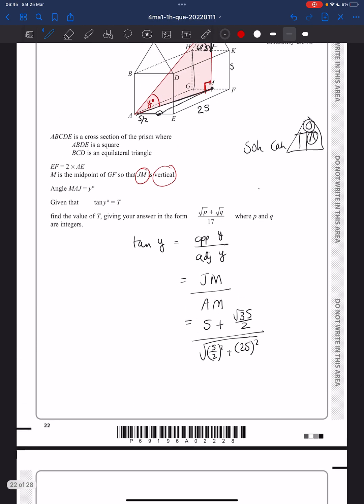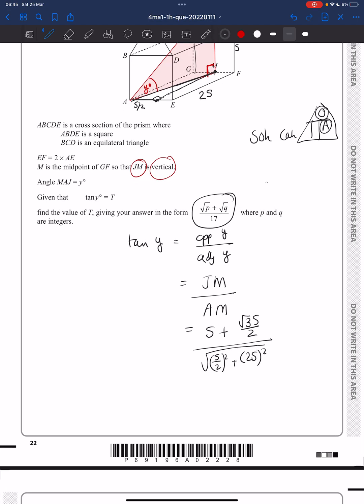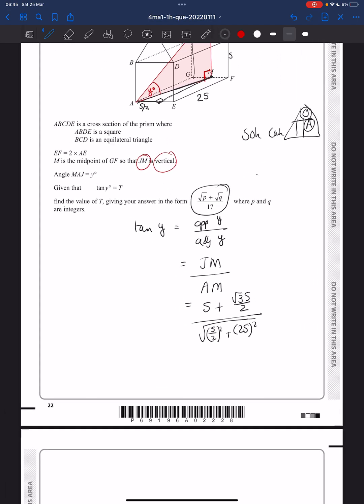What do we need? Root P plus root Q over 17. Okie doke. My S's sometimes look like 5s, so I need to be careful.